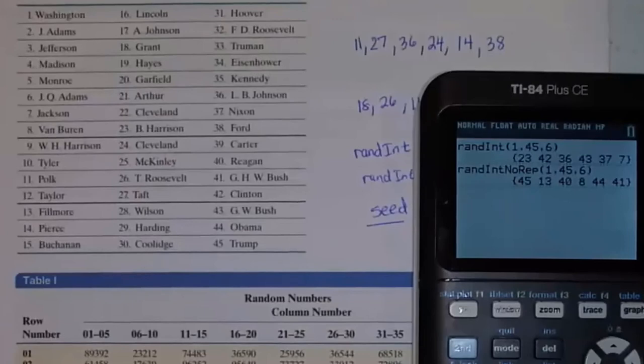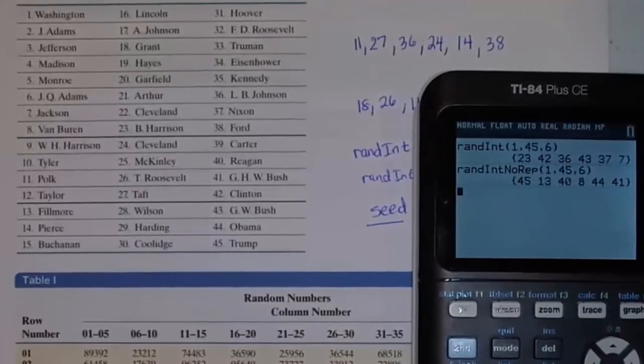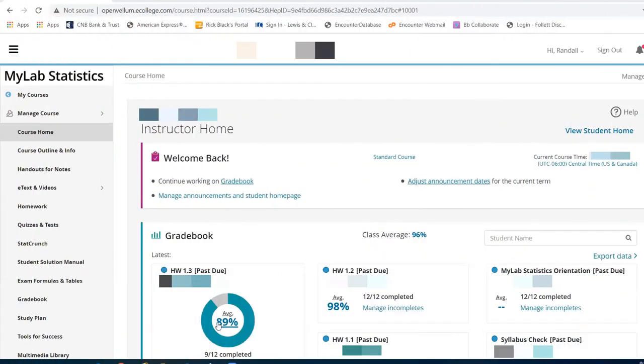I also, for the first time, want to show you StatCrunch. We can also use StatCrunch to find our sample. In MyMathLab, if you look over here to the left, we have an option for StatCrunch, so we can go into StatCrunch using this method.